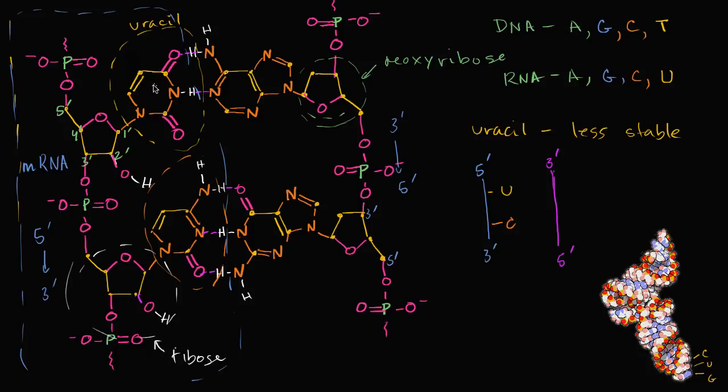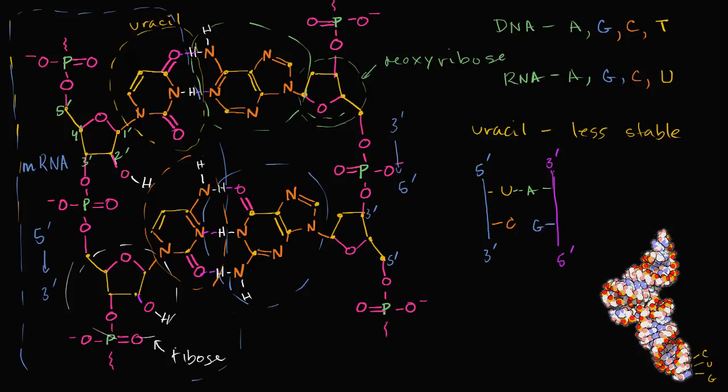And we see that the uracil is hydrogen bonded to adenine right over here. So adenine, and I'll draw dotted lines to show the hydrogen bonds, and the cytosine is hydrogen bonded to guanine. So this right over here, that is guanine.